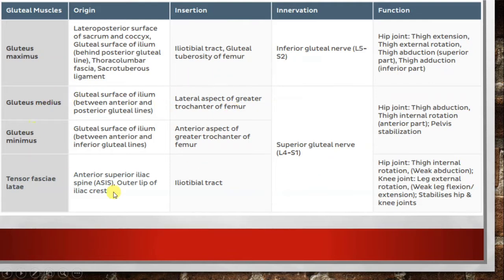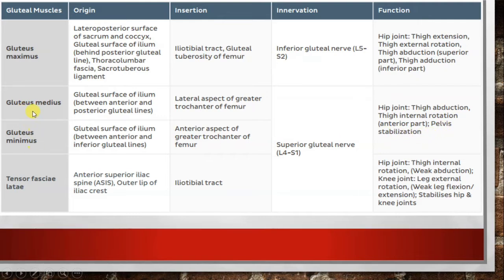So all of the gluteal muscles that are present in the gluteal region are innervated by the superior gluteal nerve, except the gluteus maximus, which is innervated by the inferior gluteal nerve. So the function of the gluteus medius is thigh abduction, thigh internal rotation, that is the anterior part, or we say thigh medial rotation, and pelvis stabilization.